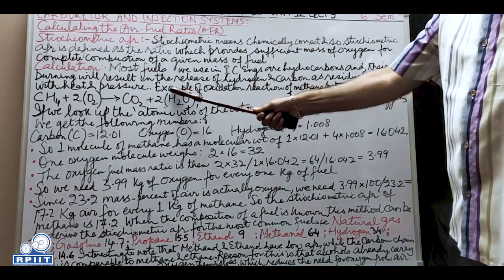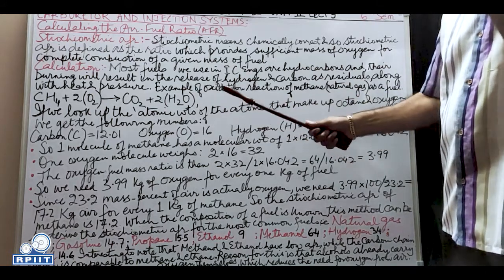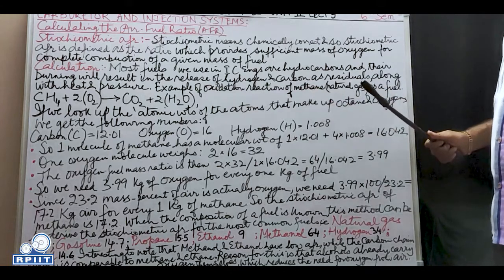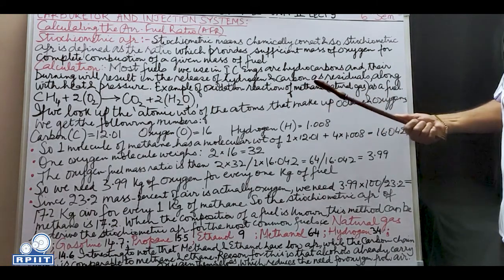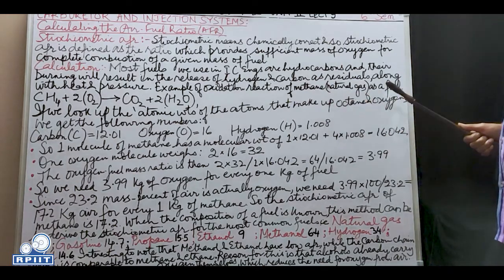Self-explanatory. Now we are going to take one example: the oxidation reaction of methane, natural gas. It's come in the market, vehicles are running on natural gas as a fuel.